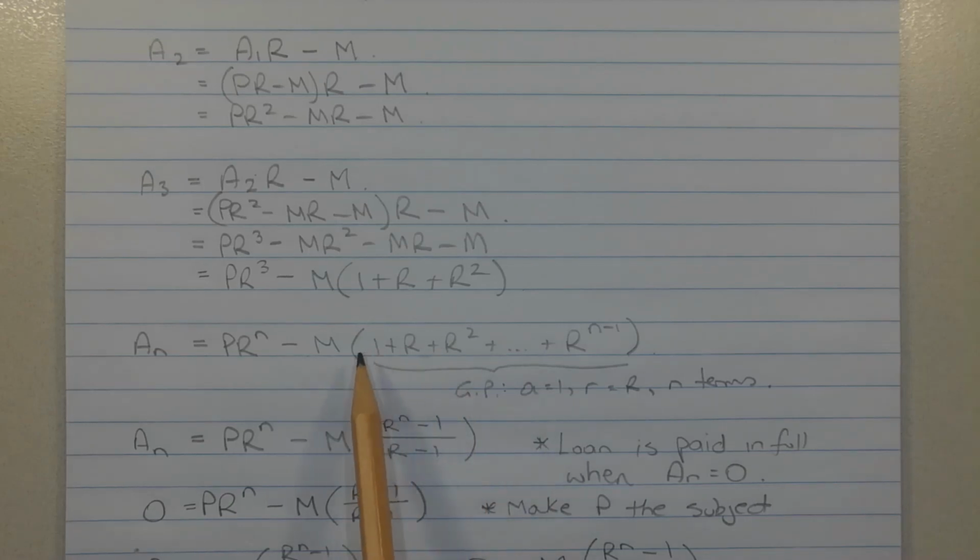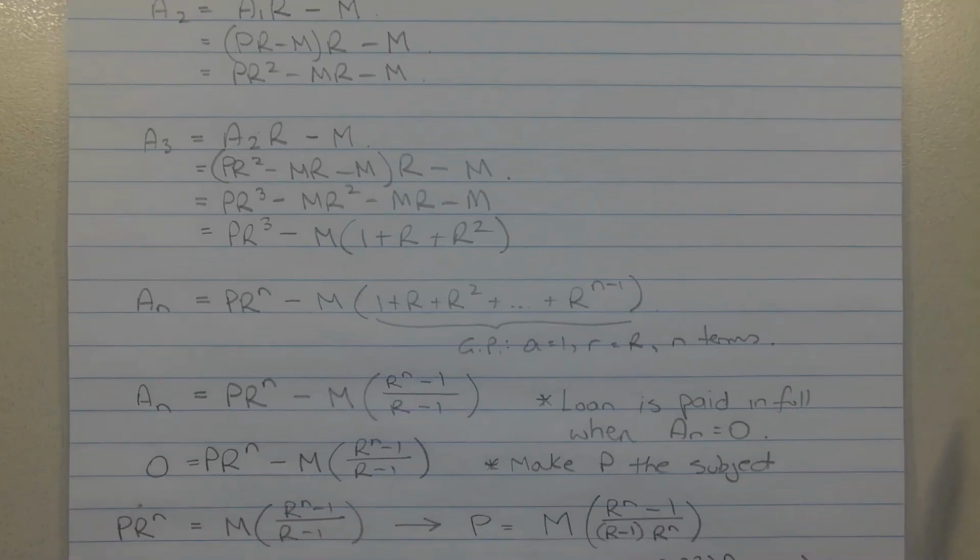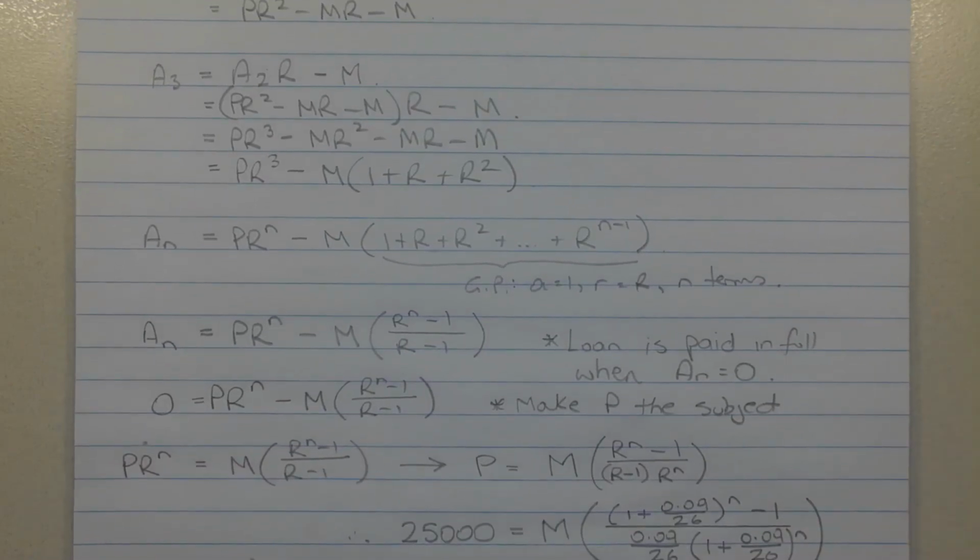So we can replace what's in the brackets here with the sum of a geometric progression or a geometric series formula. So we get AN is equal to PR to the power of n minus M outside of R to the power of n minus 1 over R minus 1 in brackets.